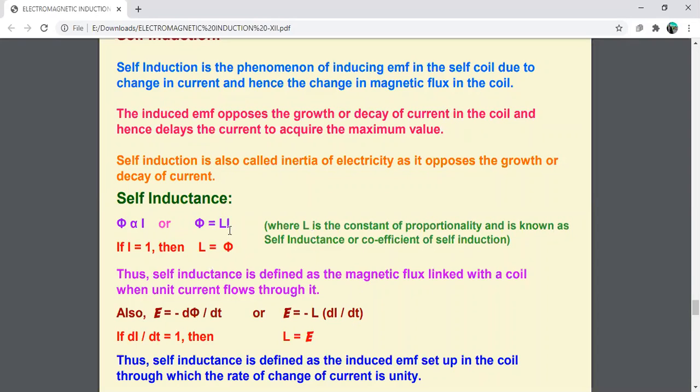If i becomes 1 ampere, then L becomes equal to the magnetic flux, and hence self-inductance is defined as the magnetic flux linked with the coil when unit current passes through it. So self-inductance is that much flux linked with the coil when 1 ampere of current passes through the coil.